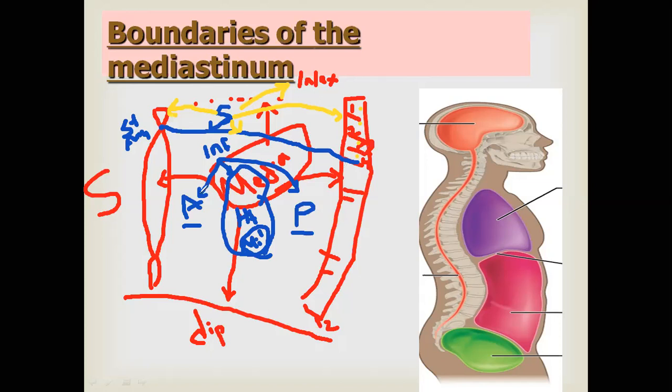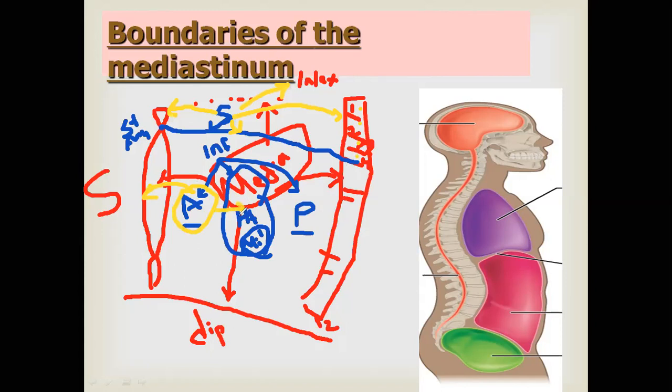Who can tell us about the boundaries of the anterior mediastinum? This is the space between the heart and the sternum. Anterior to the anterior mediastinum is the sternum, the body and the xiphoid.